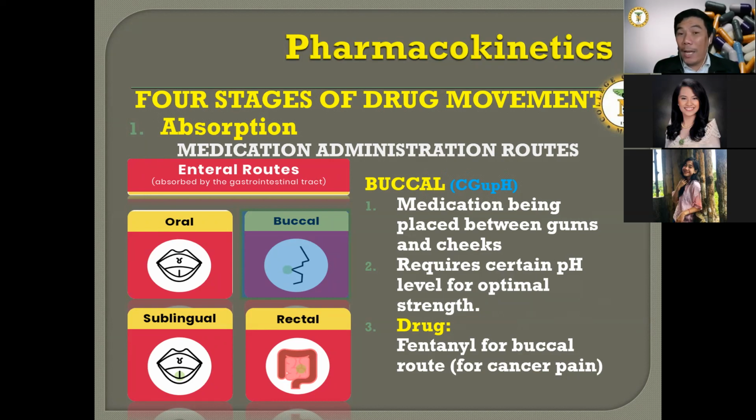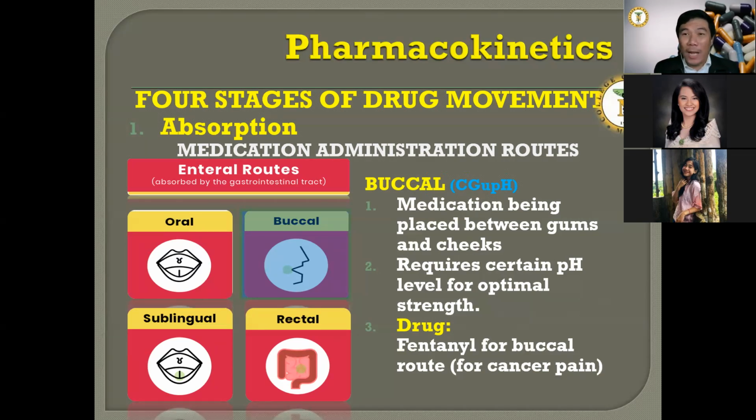Because it will require optimal strength of pH. The pH that we are referring to via the buccal, di ba we have the saliva there? And the saliva has a certain pH level. And with a certain pH level, it will require optimal strength to possibly absorb through this administration route.